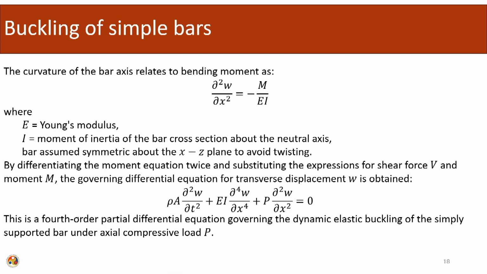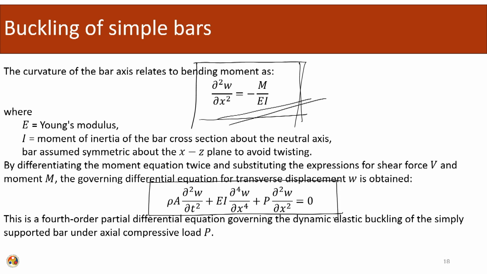After that we assumed the Euler-Bernoulli beam. We made an approximation that we are considering the Euler-Bernoulli beam by making an approximation of the curvature. After doing all the force and moment equilibrium, we got the differential equation. This is the differential equation governing the dynamic elastic buckling of a simply supported bar under compressive axial load.